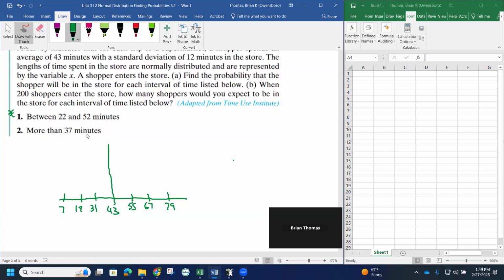Since it said normally distributed, we can draw our normal distribution curve. At one standard deviation from the mean, that's our point of inflection. So I could draw my normal distribution curve here. Between 22 and 52 minutes, 22 is about here, and 52 would be about here.